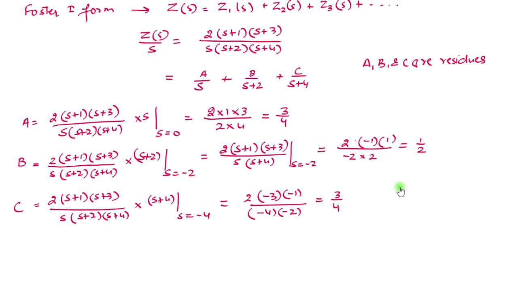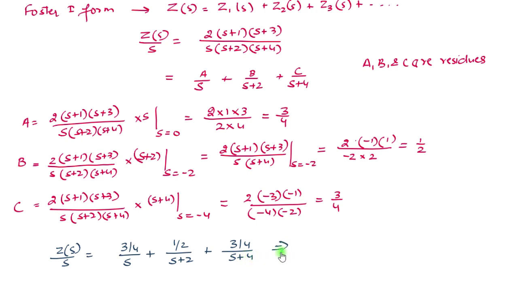So now I have the values of a, b and c. I will substitute them there. That means I will get Z(s) by s equal to 3 by 4 divided by s plus 1 by 2 divided by (s plus 2) plus 3 by 4 divided by (s plus 4).